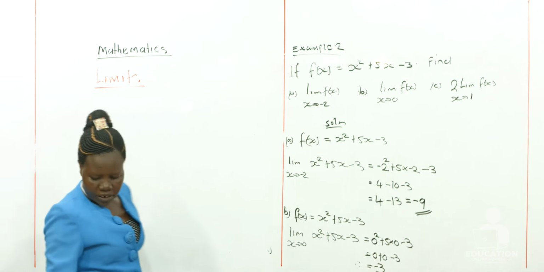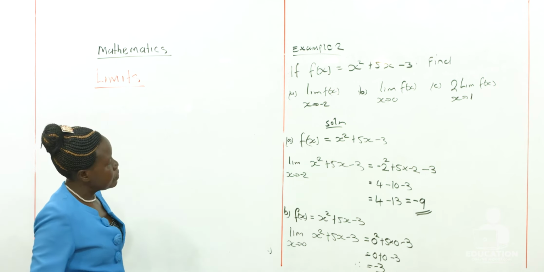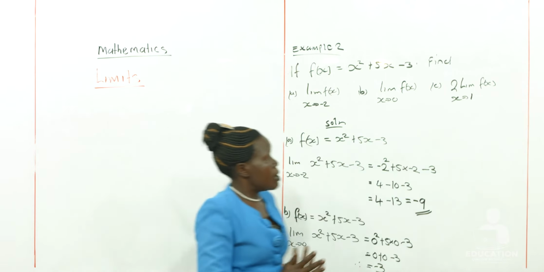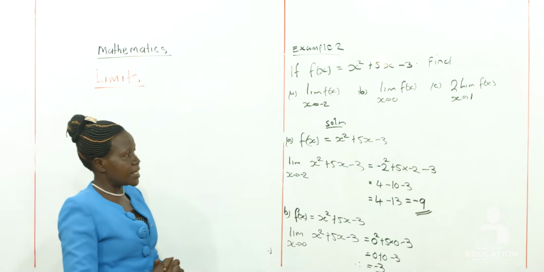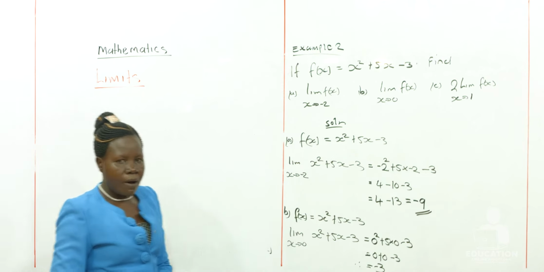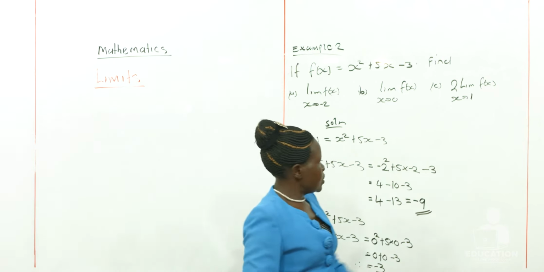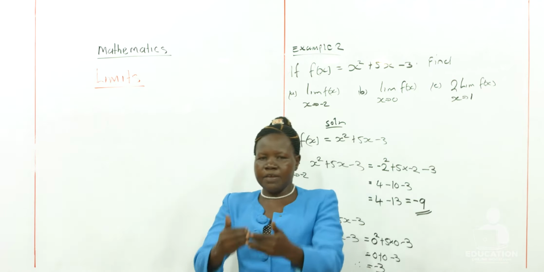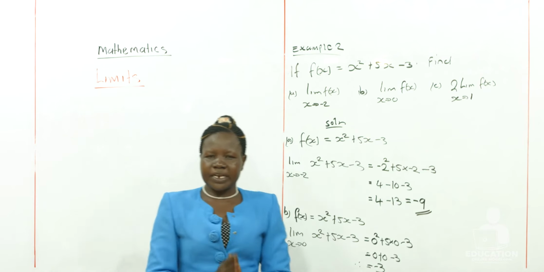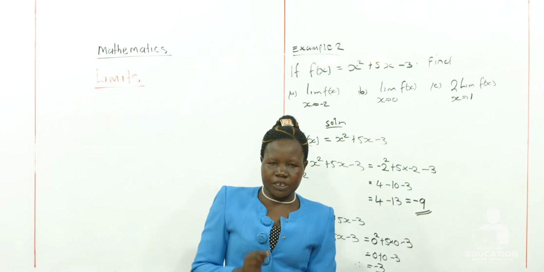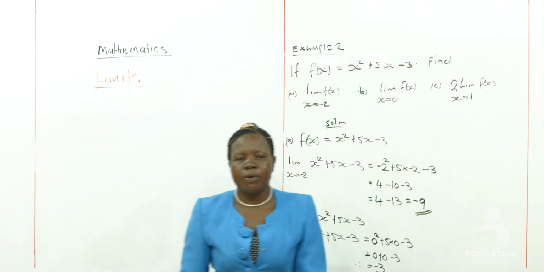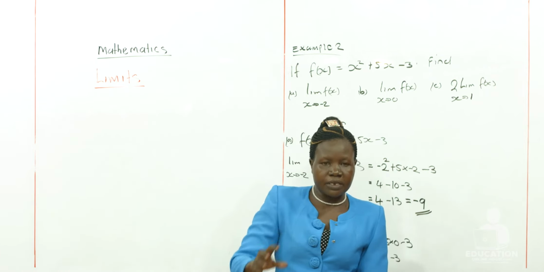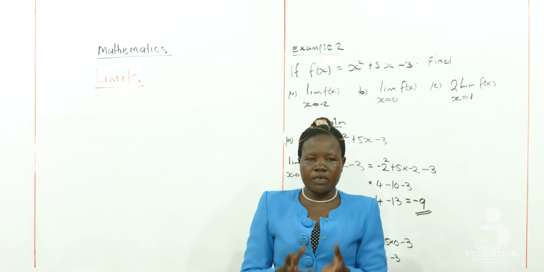Part C of the question is saying 2 limit of f(x) when x is approaching to 1. What does it mean? Whenever you get a constant before a limit, it means, in everyday life, that it is like advice. When advice is given, for example at school, teachers, especially in assembly, tend to give you advice.